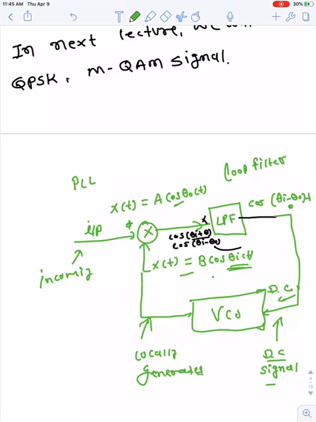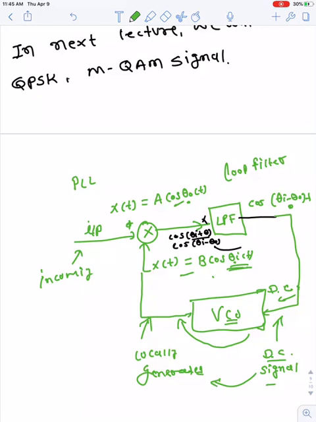And the main objective is to match these two frequencies. If theta 0 is larger than theta I, the difference generated will be such that the next time the frequency of the VCO output will be increased. So the VCO basically converts your DC signal in correspondence to the frequency difference.